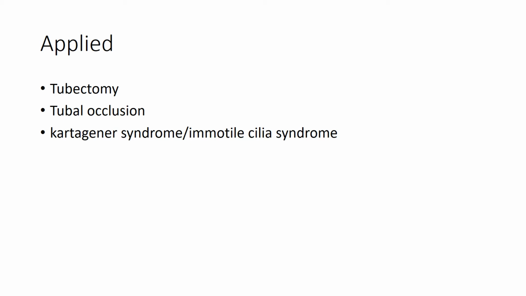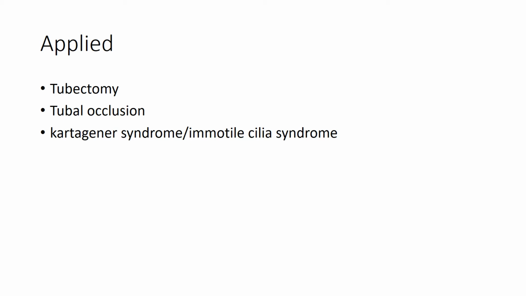In that condition again, the fertilized oocyte or the embryo doesn't get implanted into the uterine cavity. So that again leads to infertility, and that may also even lead to ectopic pregnancy. The fertilized embryo is implanted elsewhere.